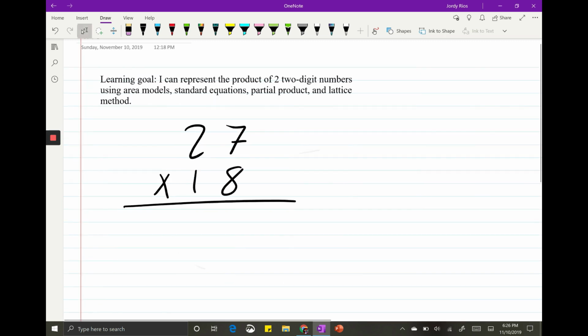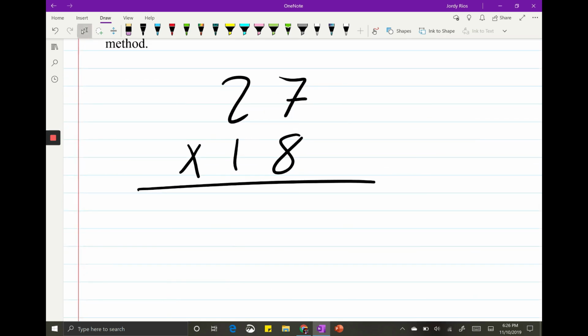All right, so standard equation. We always have to make sure that we're following the rules, okay? And the first rule is that this and this have to multiply. So 8 times 7 is 56, okay?